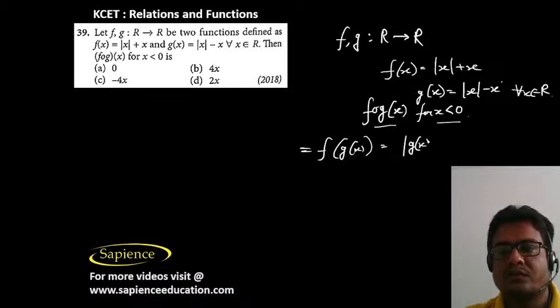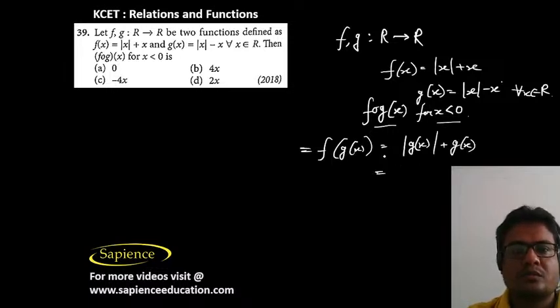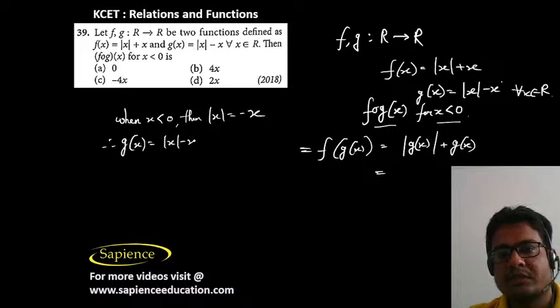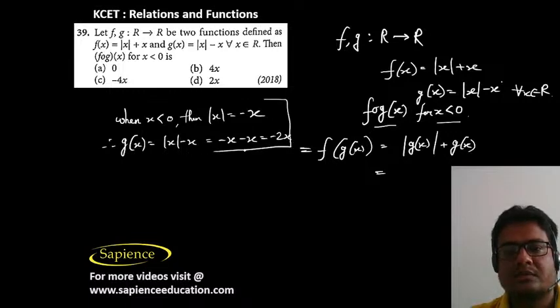So that is mod of g of x plus g of x. We know that x is less than 0. When x is less than 0, mod x is written as minus x. So therefore g of x, that is mod x minus x, is equal to minus x minus x, that is minus 2x.